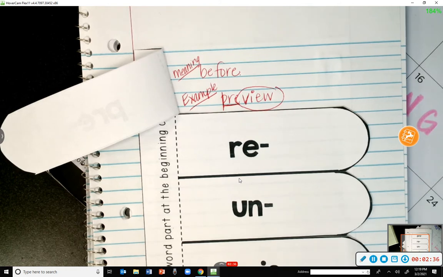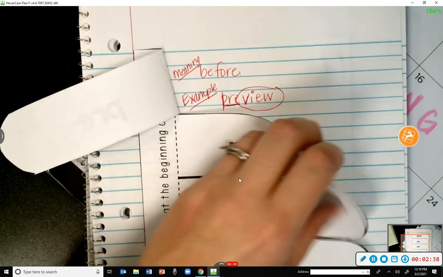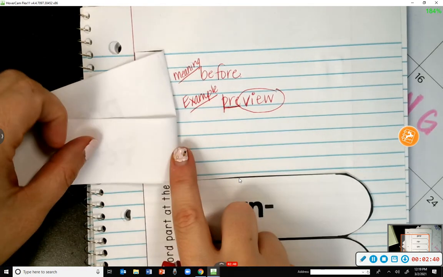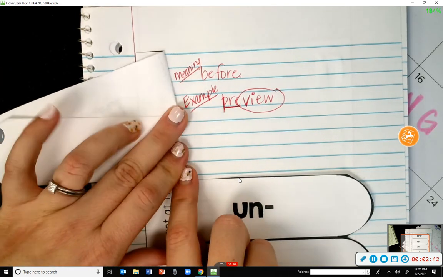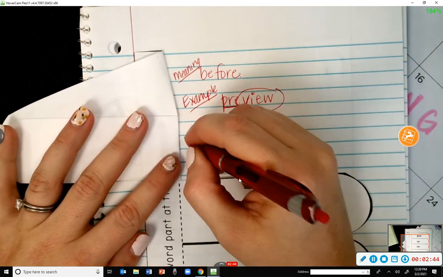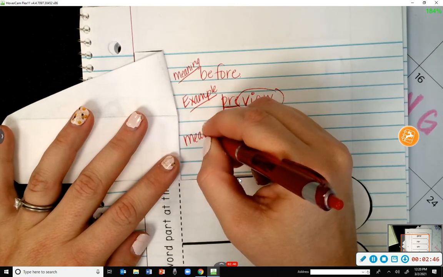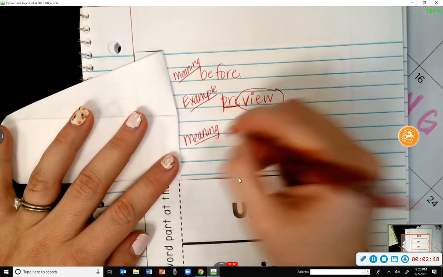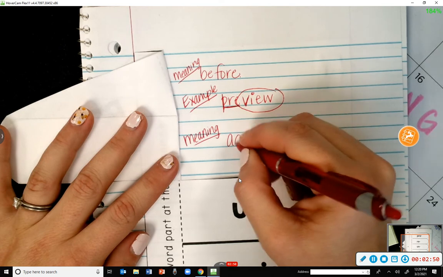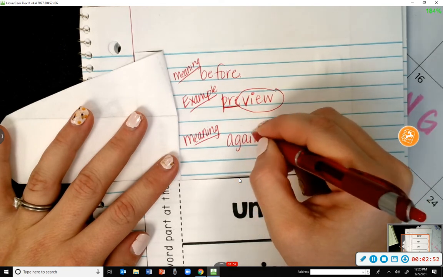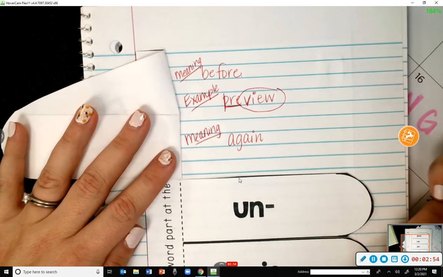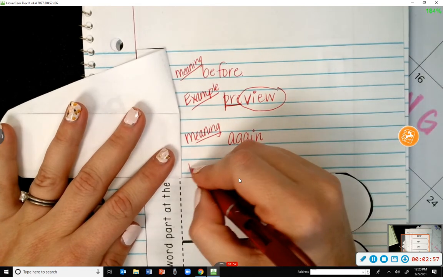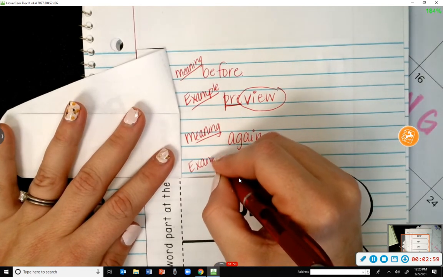Yeah. Okay. Another example is re. Okay, re, the meaning is again. An example would be, can y'all think of an example?